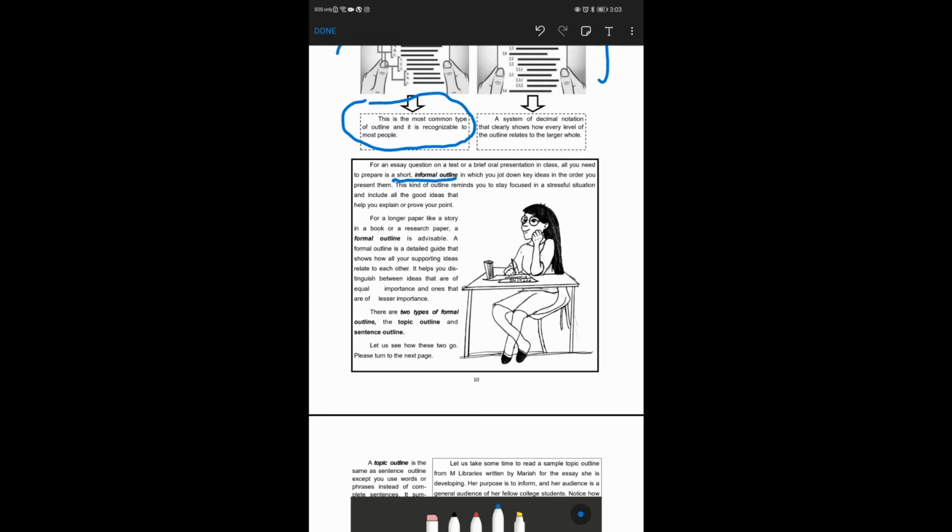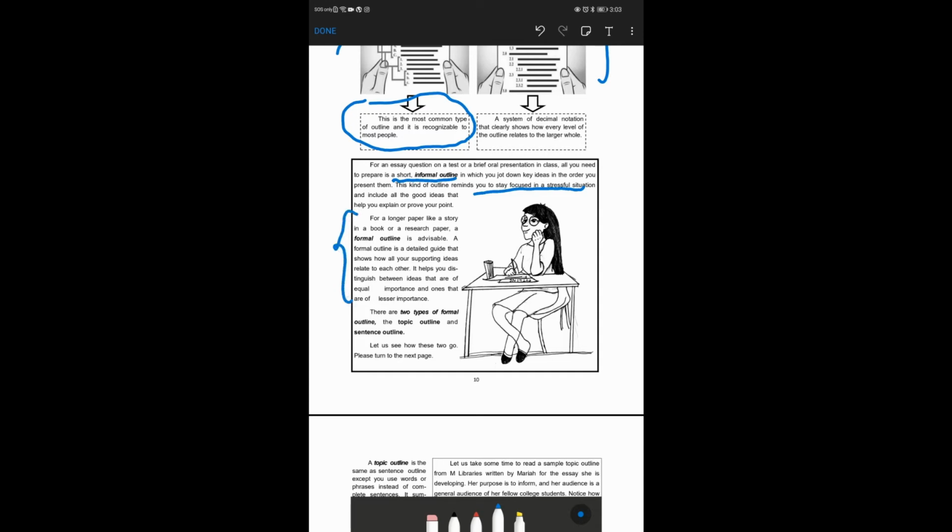So, itong outline daw na to is used to remind you to stay focused in a stressful situation. Kaya nga kapag urgent o kaya kapag limited lang yung time ninyo, you use the informal outline. For example, you are the leader of your group and you are asked to present your work in front of the class. So you just jot down the key information you need to remember, and then you look at it and then discuss it in front. So ang tawag doon ay informal outline.